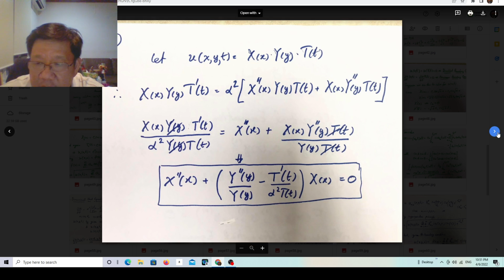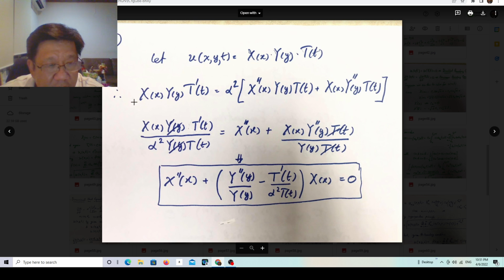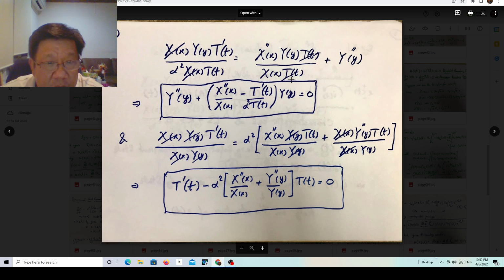By rearranging the terms in a similar fashion, once you divide by alpha square and X of x times T of t, this term will have a coefficient of 1, just like this. The remaining terms, rearranged in a similar fashion, give another form of solution like this.